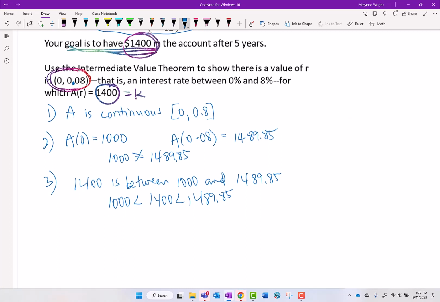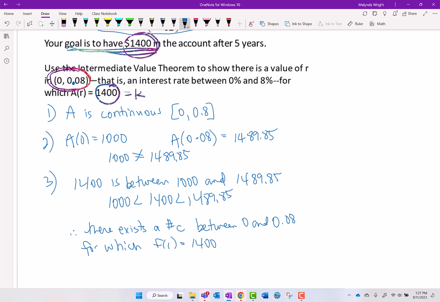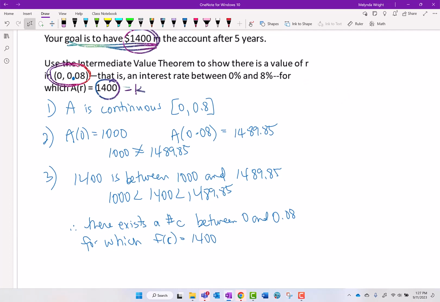So we would say, therefore, there exists a number C between 0 and 0.08 for which f of C equals 1,400, because that's my K. And that's intermediate value theorem.